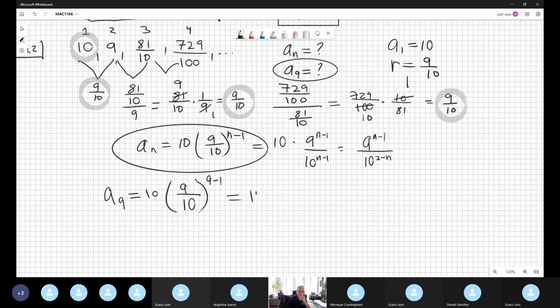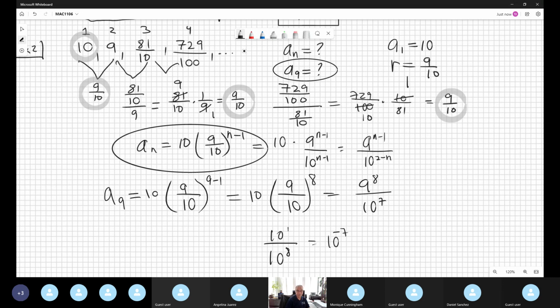So it's 10 times 9 over 10 to the 8, which is 9 to the 8 power divided by 10 to the 7, because subtracting the exponent, 8 minus 1 is 7.